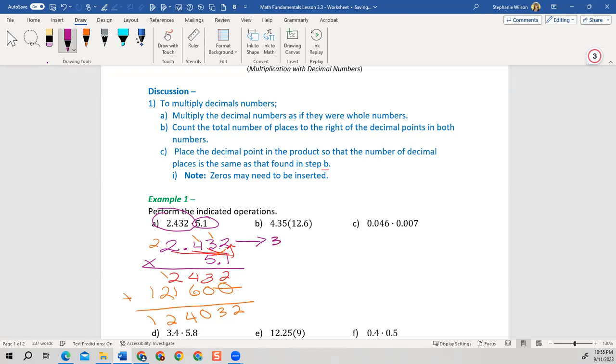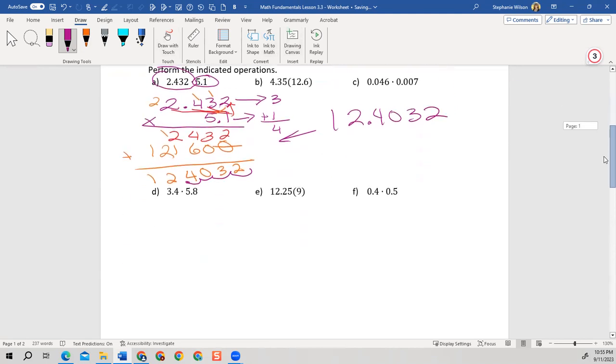So there's 3 decimal places. This one here has 1 decimal place. Add them up. It's a total of 4. So we're going to move the decimal 4 places in that direction. So let's go 1, 2, 3, 4. So my answer is 12.4032.